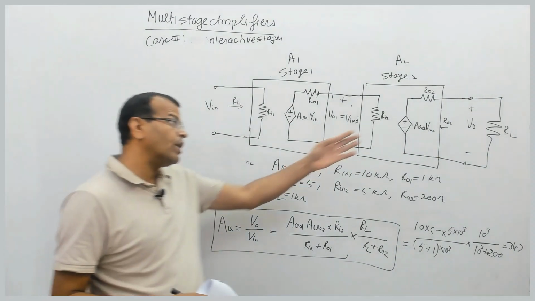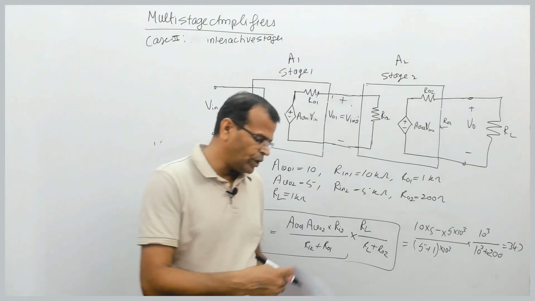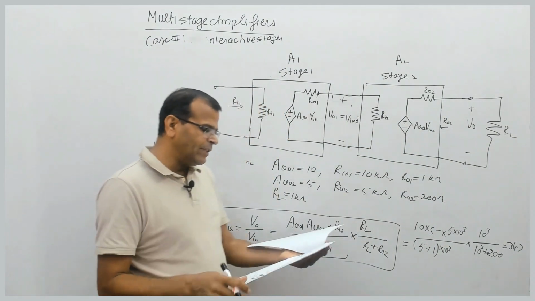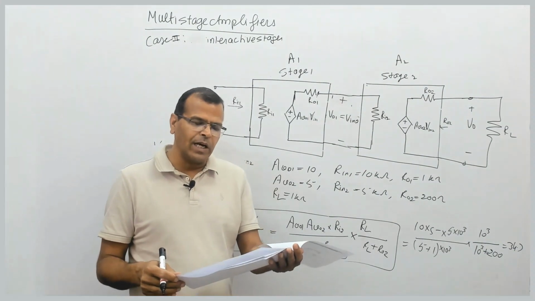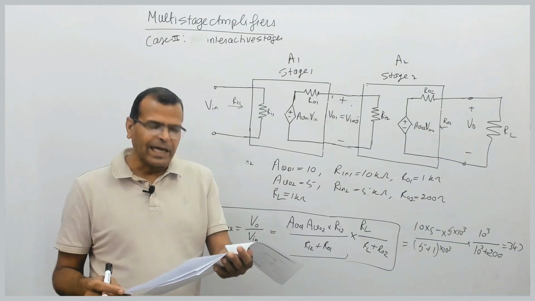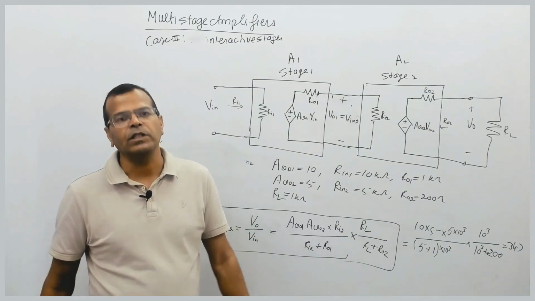This is one type of question. There can be a load resistance, or there may not be one. In the GATE exam, this question appeared based on the interactive stages, in Electronics 2014, a 1 mark question. Exactly the same type of question appeared in engineering services also.